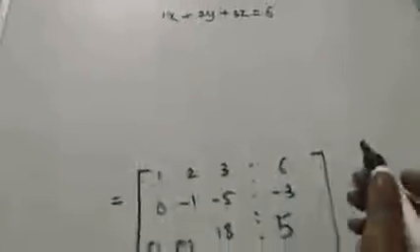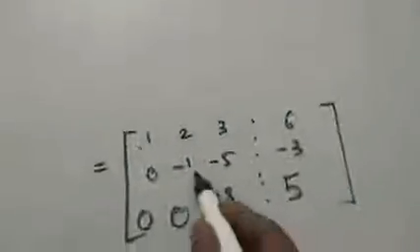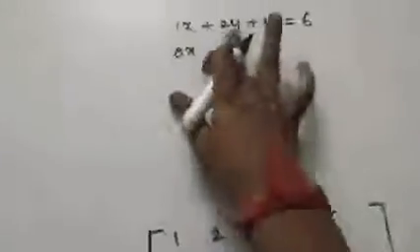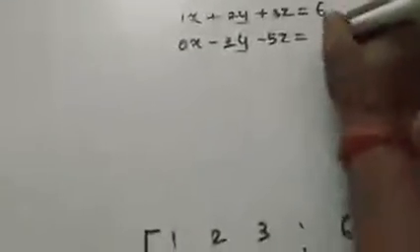Okay, and the next is 0, so 0x, minus 1y, minus 5z equals minus 3.